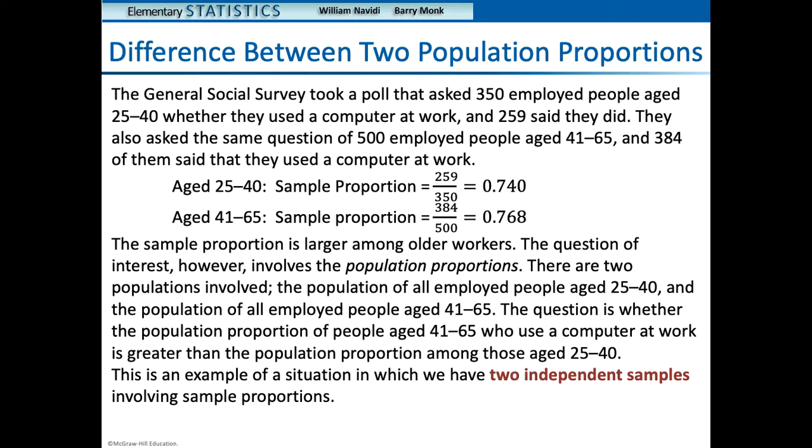So the question here is whether the population proportion of people aged 41 to 65 who use a computer at work is greater than the population proportion among those aged 25 to 40. So in this example, we have two independent samples involving sample proportions, and the hypothesis test would be structured to do a comparison between the two populations.